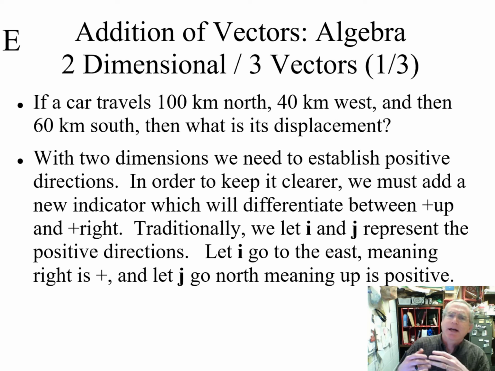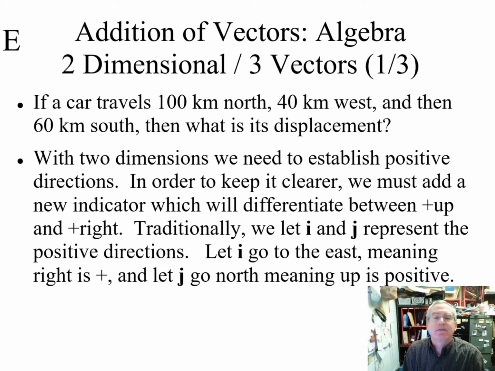Now, in class or in other videos, I use I hat and J hat, and those are really convenient because the hat automatically indicates that we are talking about a unit vector. But again, I find the equation editor very frustrating working with Microsoft products, and so I'm going for boldface, but my boldfaced I and my boldfaced J are representing unit vectors I hat and J hat.